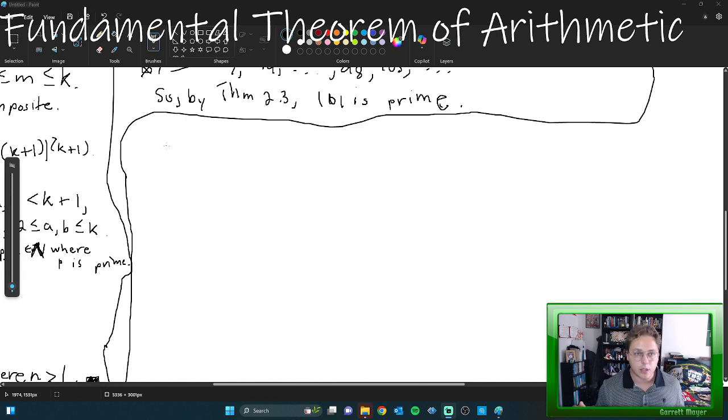And every single natural number has this code of prime numbers. It's unique for each of these numbers, and that's what we're trying to prove in the Fundamental Theorem of Arithmetic. And there's going to be two parts to the theorem, existence and uniqueness, and those are what we're going to show in the rest of this video.